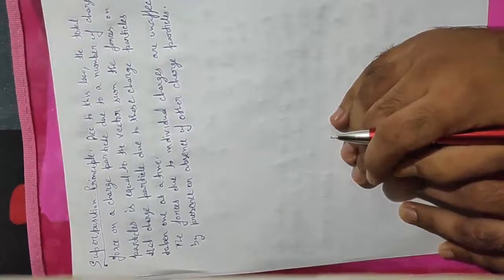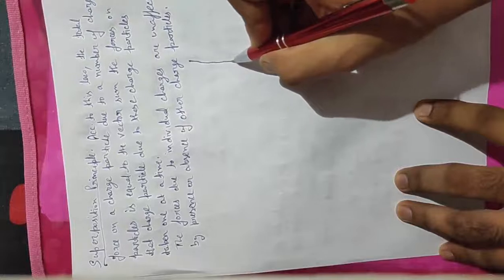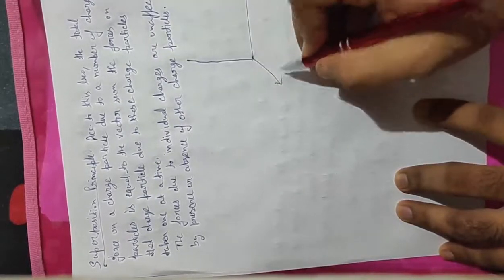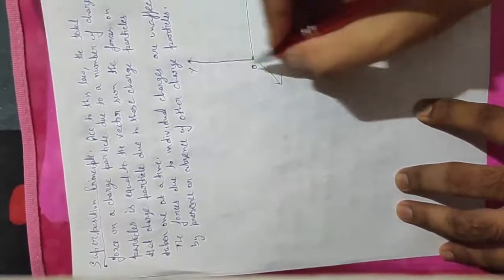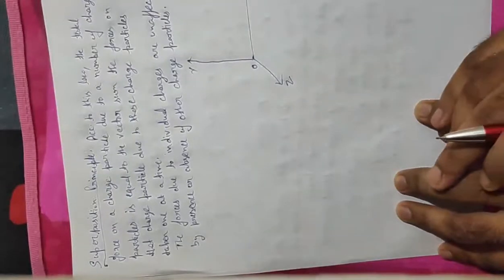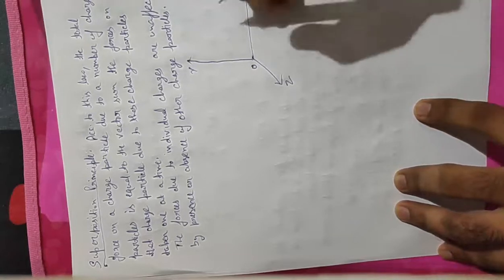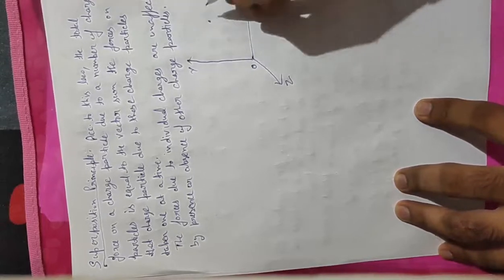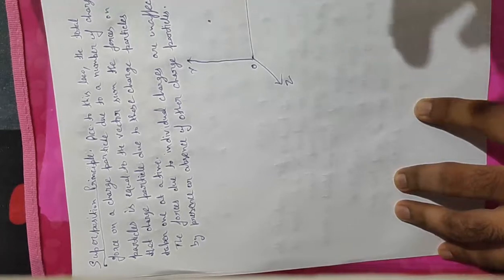Consider a coordinate system O, X, Y, Z. We can consider as many charge particles as we like, but for simplicity, we will consider a few. Let us consider Q naught is the test charge on which we will observe the forces due to various charge particles.